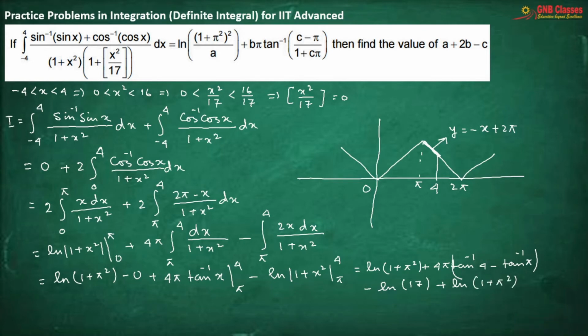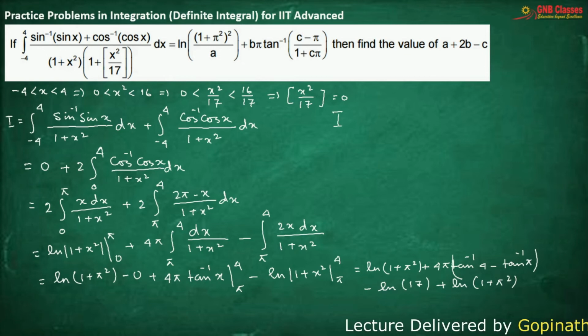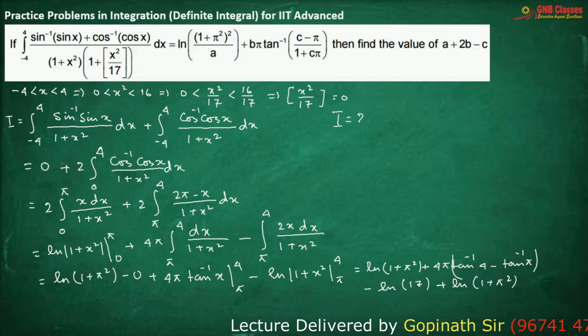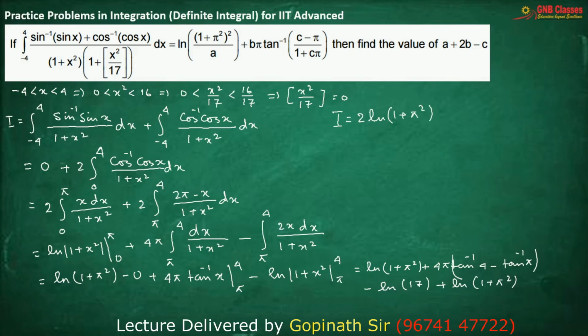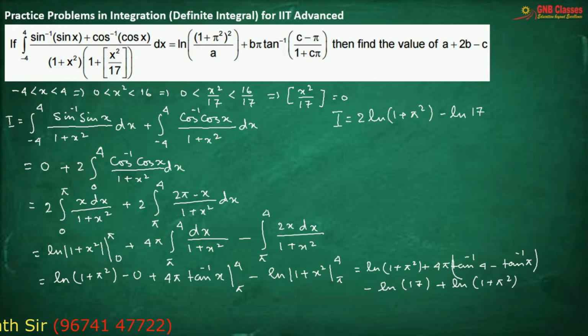Now let me rub the graph. Therefore we are getting my integration as 2 ln(1 + π²) minus ln 17 plus 4π times tan⁻¹ A minus tan⁻¹ B, the formula I am applying.